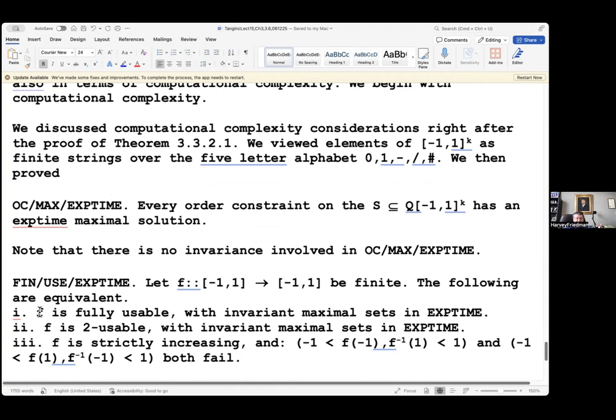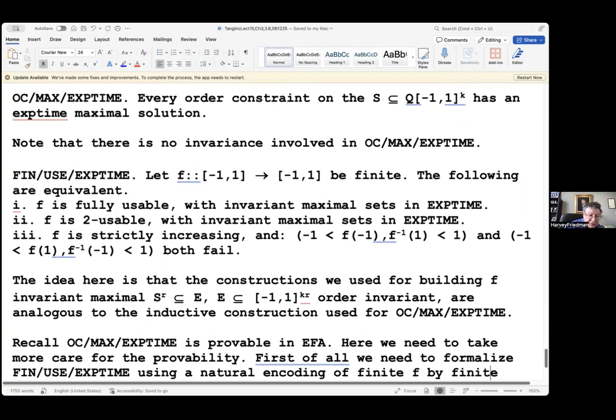And the idea is that you actually get full usability using an exponential time invariant maximal set. In other words, you actually get exponential time there. That was the way it was done here. And the inductive construction is more or less the same as the one in here, so it's not surprising it's just going to be exponential time again.